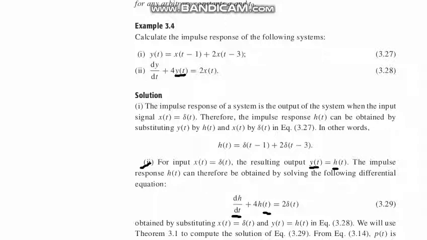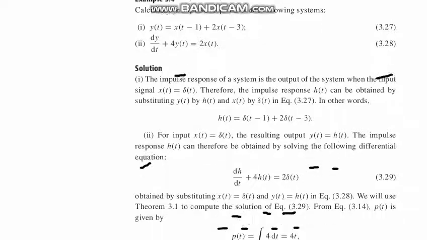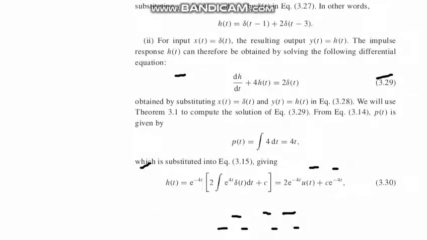Obtained by substituting x(t) equal to delta(t) and y(t) equal to h(t) in equation 3.28, we will use theorem 3.1, the theorem that I have given before. Just apply this, then you can find it out.